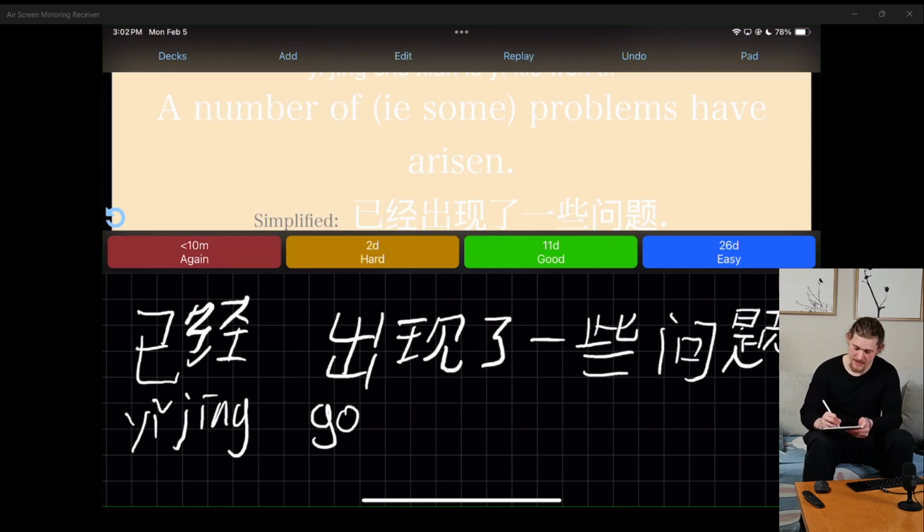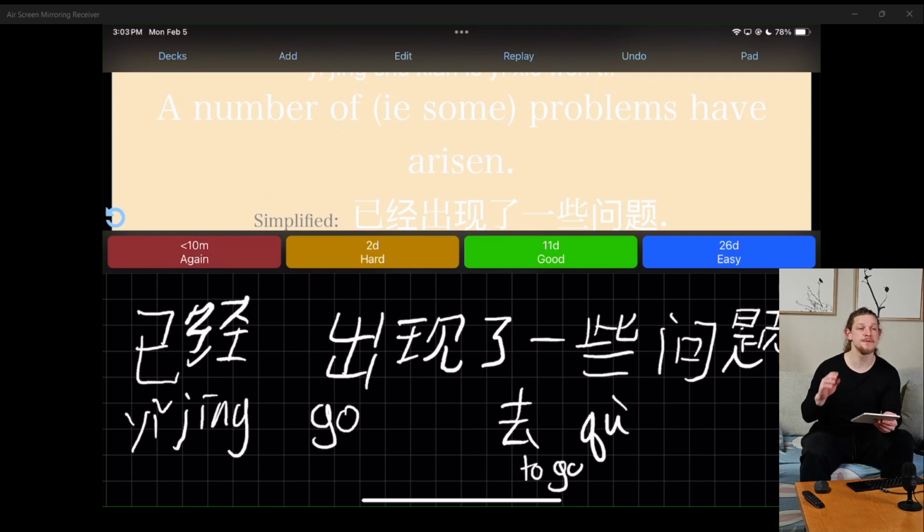So this one is 去, which also means to go, right? And this one is a Q. 去.